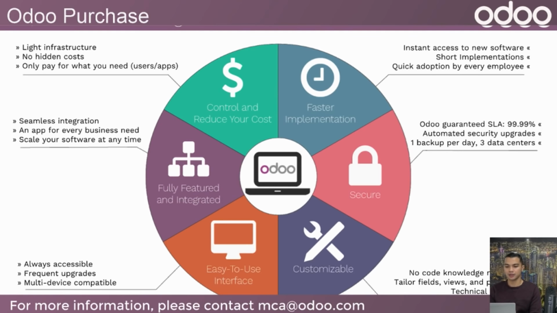Another thing is that Odoo is not a one-size-fits-all solution. It is customizable. For the regular entrepreneur, you do not need to know any sophisticated coding, and you can tailor your fields, views and processes to your own business requirements.